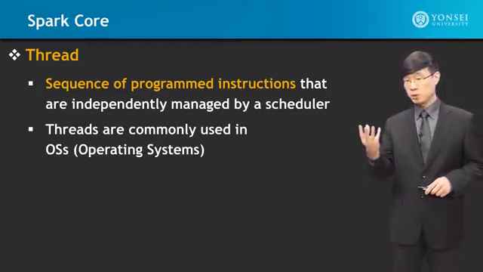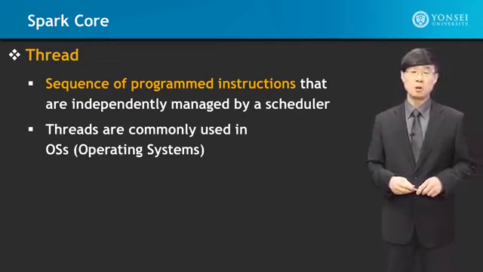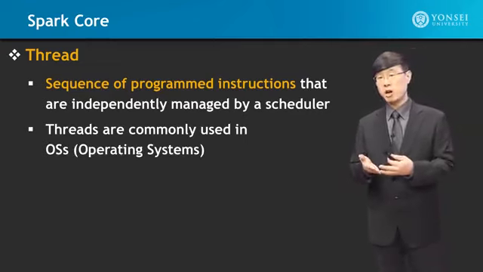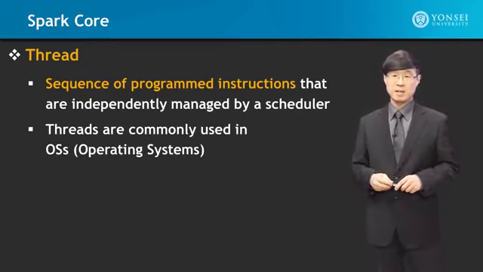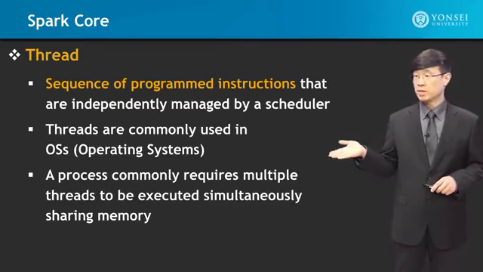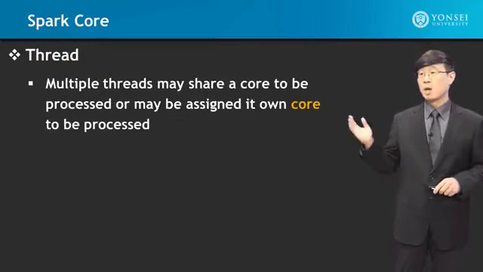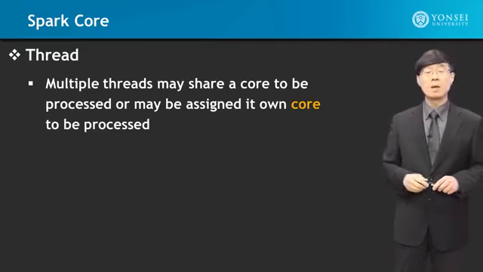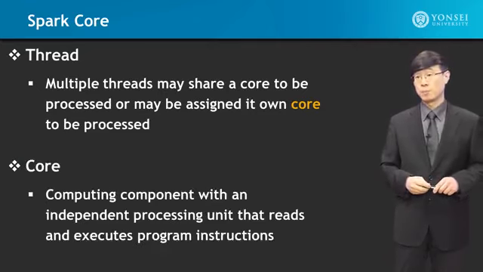You have multiple threads executed on multiple cores, and some share and some are independent. A process commonly requires multiple threads to be executed simultaneously, sharing memory. Multiple threads may share a core to be processed or may be assigned to its own core.